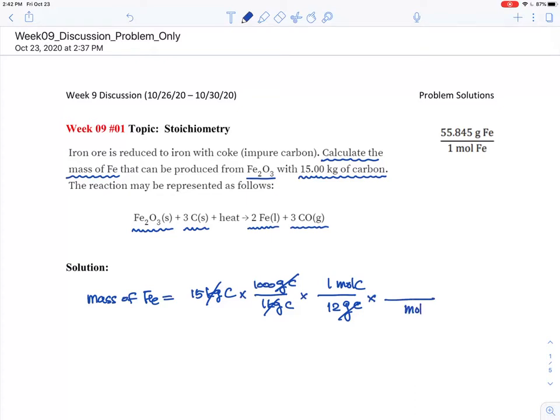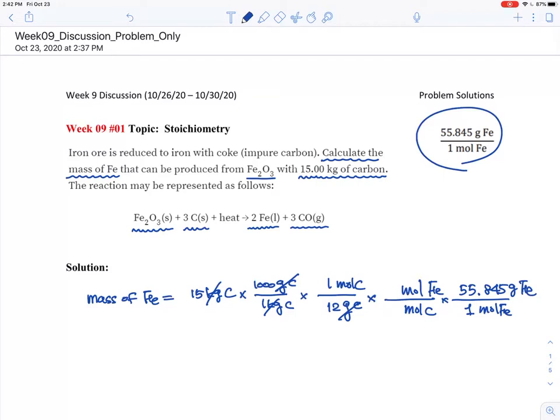And then moles of carbon to moles of iron, that's what we want. And then 1 mole of Fe, if you look at the periodic table, is 55.845 grams of Fe.